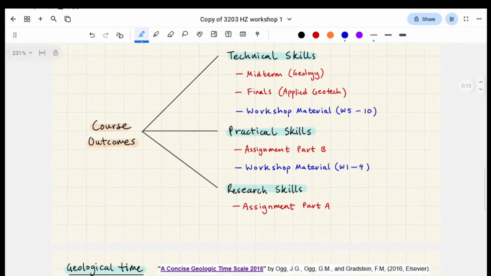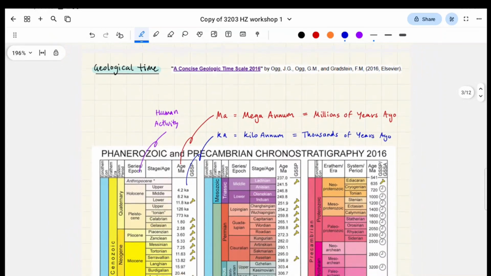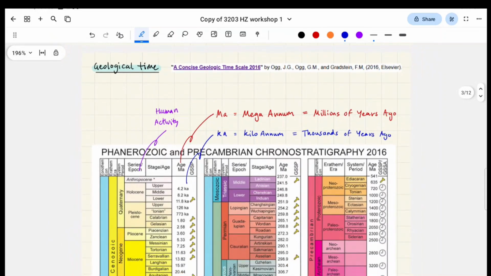All right. Cool. So in your lecture, Kurt might have talked about geological time. That's the first and last time you're going to hear about that, basically. The only thing to note is that Ma in this graph, or another graph that you find, stands for mega annum, and Ka stands for kilo annum, right?